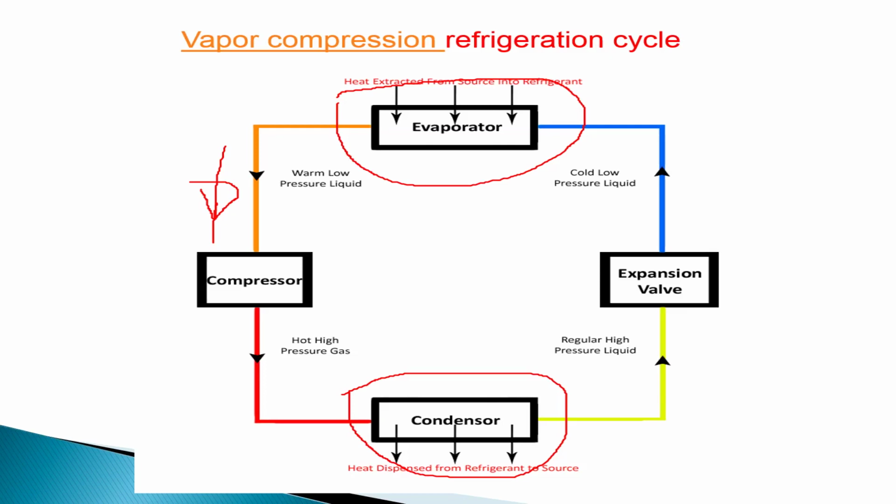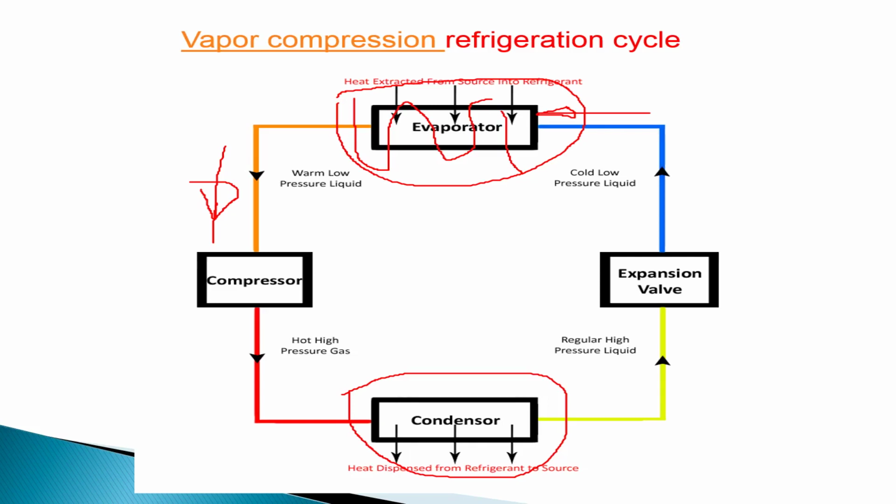So for this purpose, we have four important elements in a vapor compression refrigeration cycle. First, a low temperature, low pressure liquid refrigerant enters the evaporator. The evaporator is located in the place where the space is to be cooled and maintained.